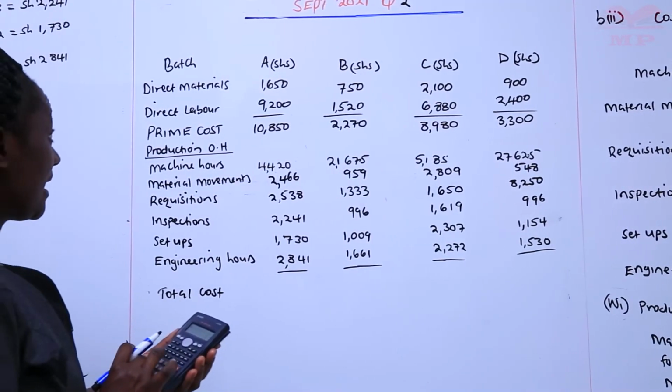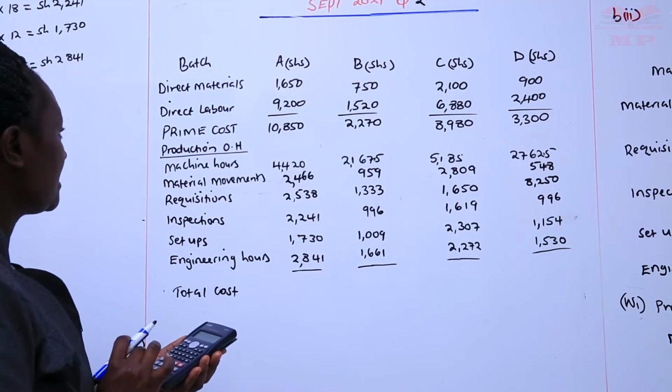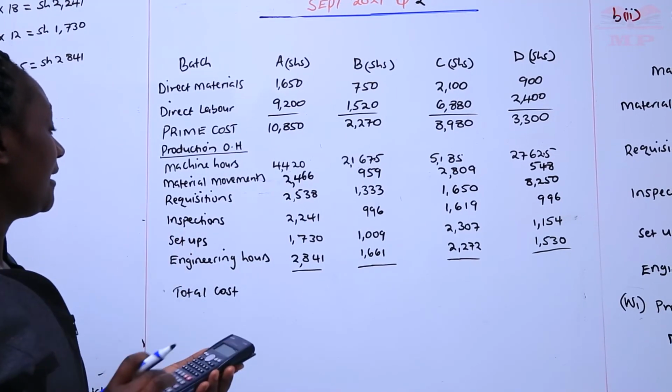For batch A, we are adding the prime cost plus the production overhead. That is for all the cost drivers.